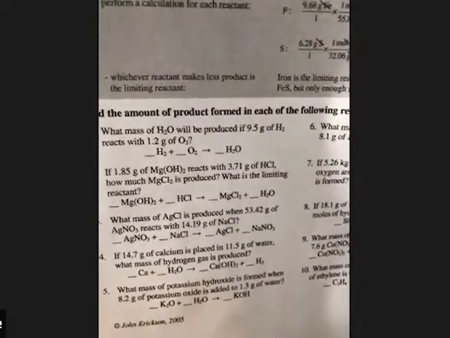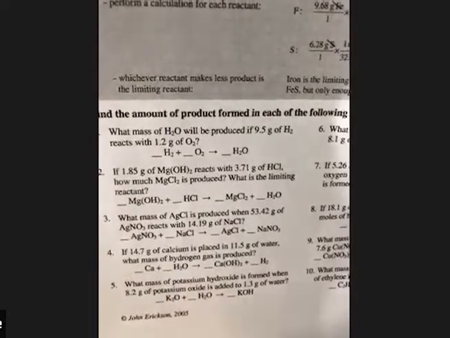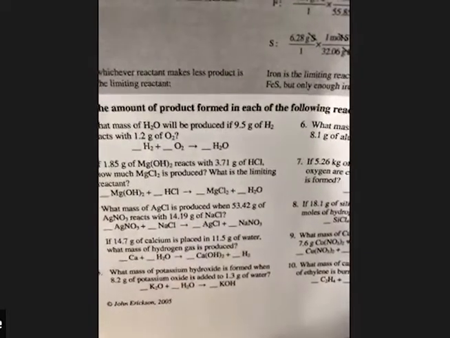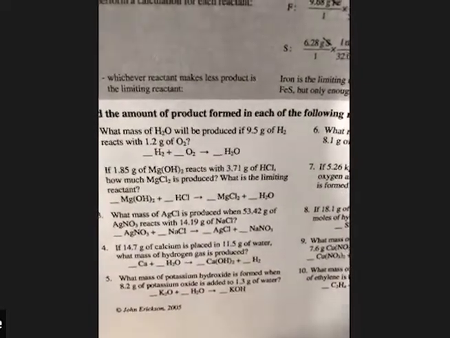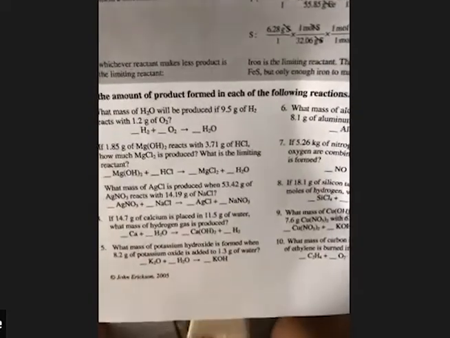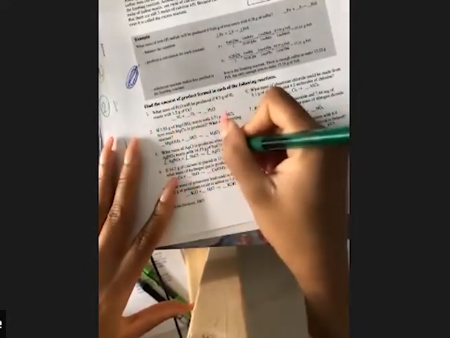What do you guys see? It looks balanced. Yeah, it's already balanced. There's one of everything. Remember, there's one nitrate on both sides, so don't try to break those nitrates apart. It's like there's basically a 1 in front of each one of these substances.